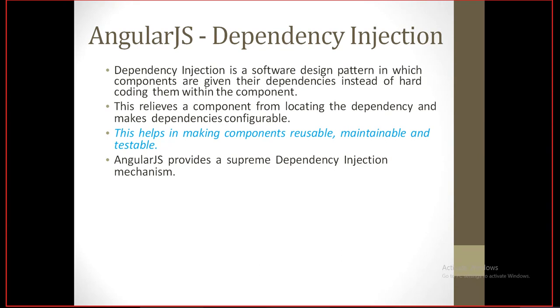Basically you can imagine it as a module or a component which we have created already, and we are allowing that component to be used by some another module. That is called as dependency injection.